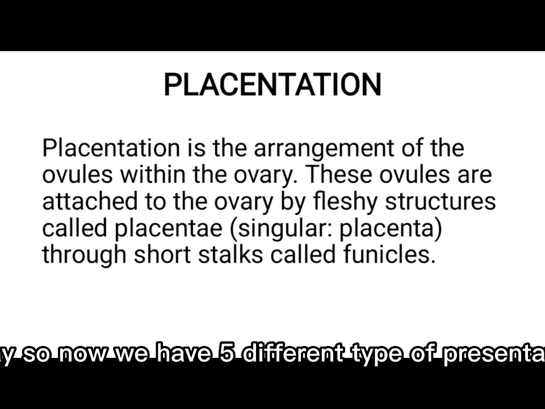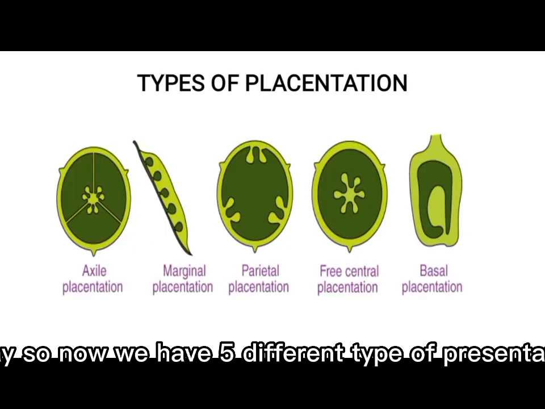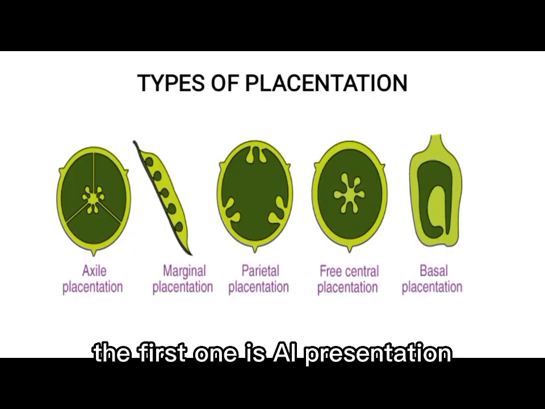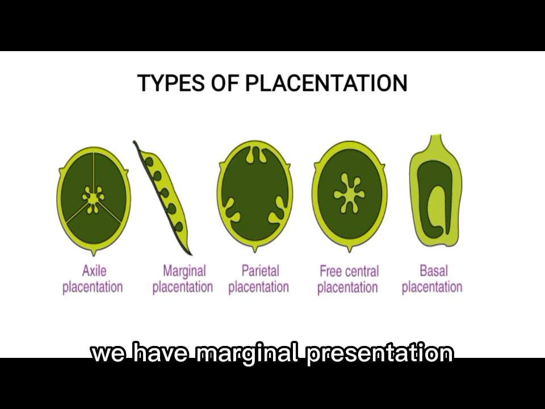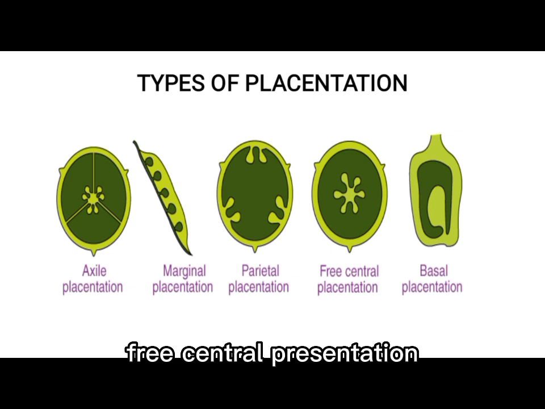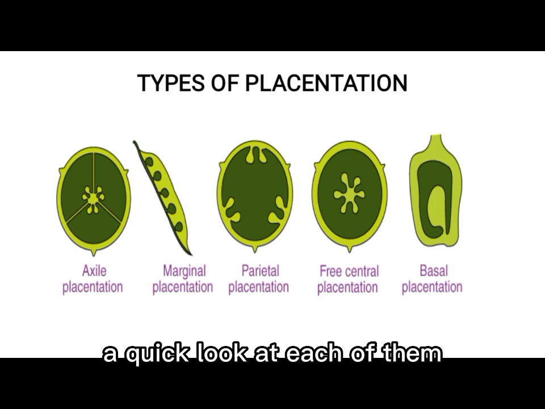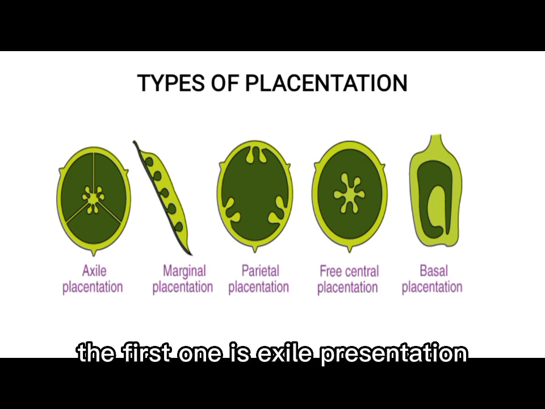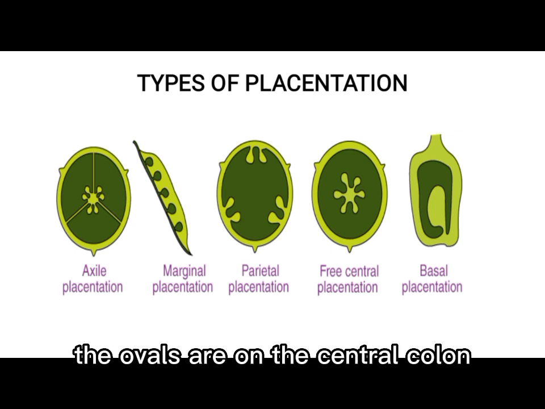Now we have 5 different types of placentation. The first one is axillary placentation. You have marginal placentation, parietal placentation, free central placentation, and basal placentation. A quick look at each of them. The first one is axillary placentation. In axillary placentation, the ovules are on the central column.